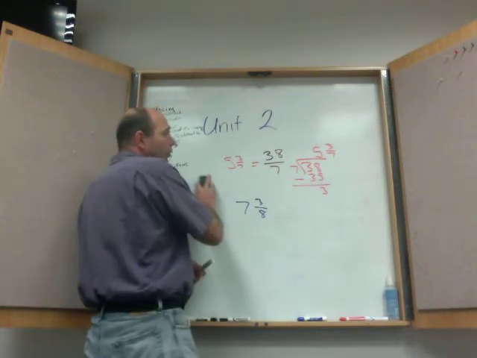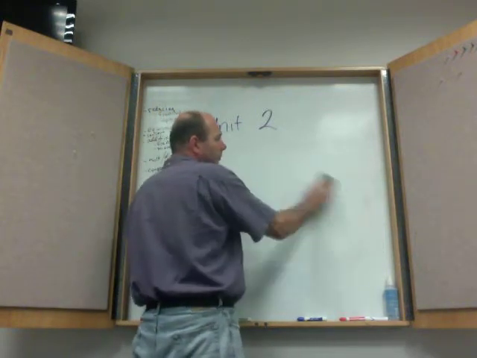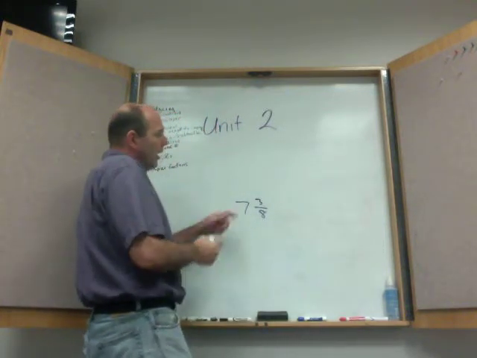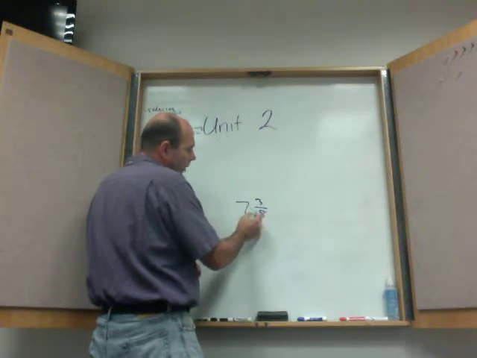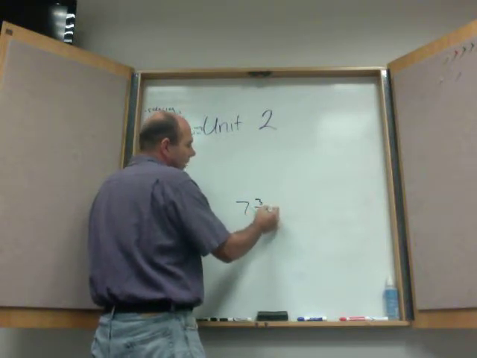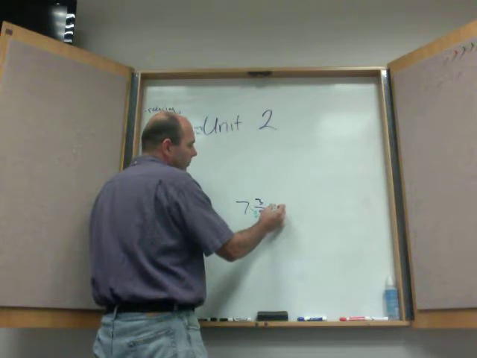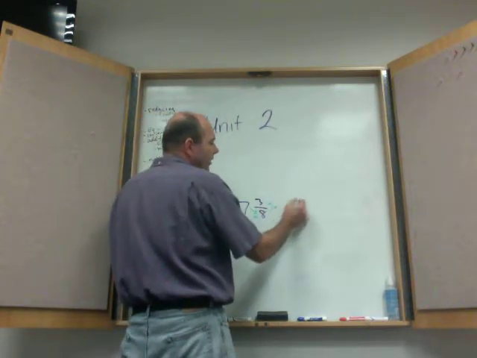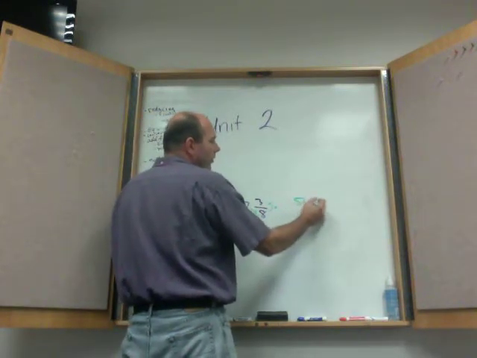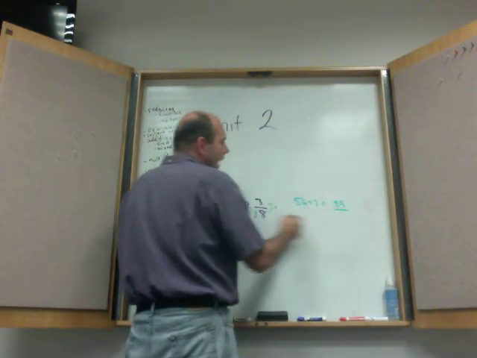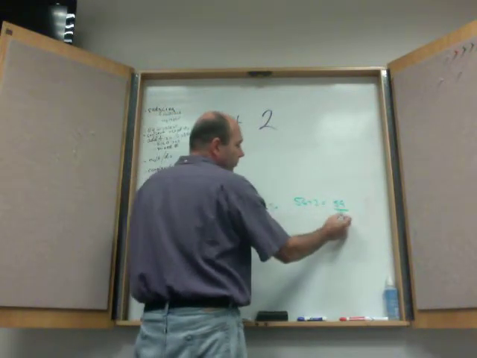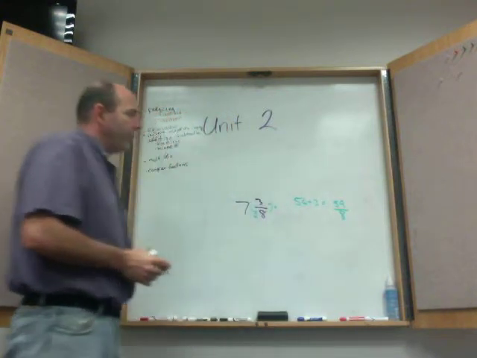Let's get rid of this here so it's not confusing anybody. So what I'm doing is I'm going to multiply here, and then I'm going to add here. 7 times 8 is 56, plus 3 is 59. The denominator stays the same, so 59/8.